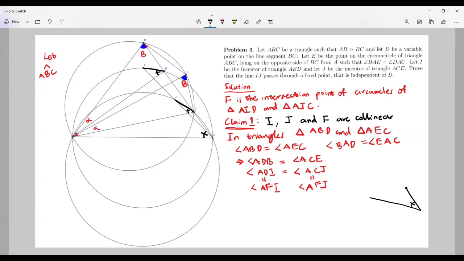Let's say this is A, F, J, and then AFI. But this angle is also equal to this angle. So it means this small bit here is 0 degrees, so the points are collinear. So yeah, we can conclude with that.